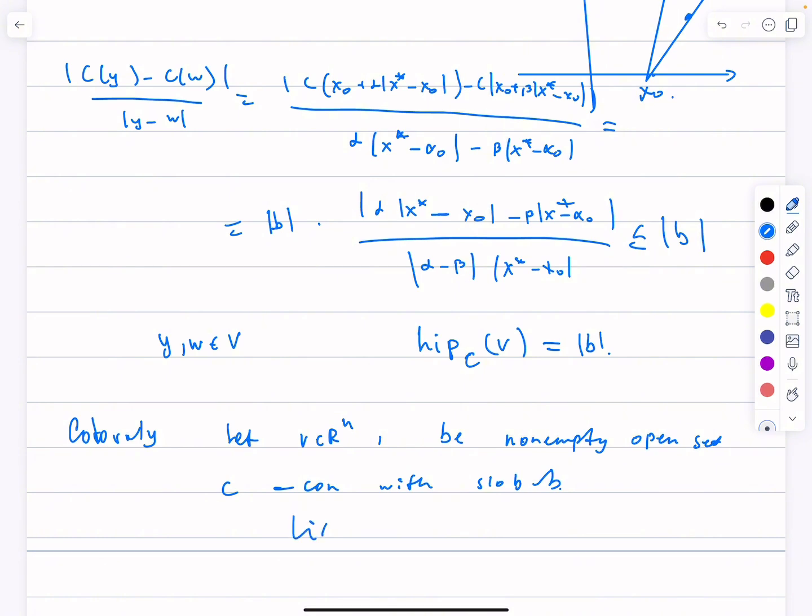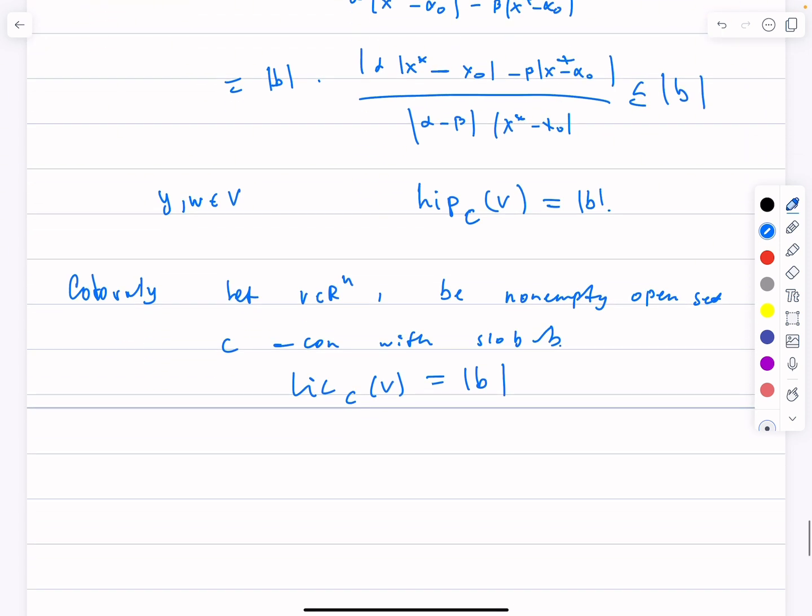Then the Lipschitz constant of C on V is equal to this slope. Therefore, if V is bounded and doesn't contain the vertex of C, then the Lipschitz constant of C on the boundary of V is equal to that on V.